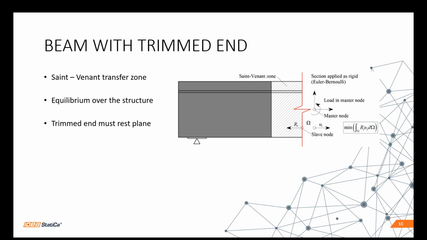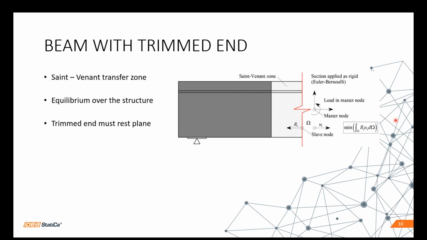And how does it work? You can see some main assumptions for a beam with a trimmed end. The first important thing you need to do is to also model the section representing the connection to the related B region, so it's this one, including loads and internal forces.